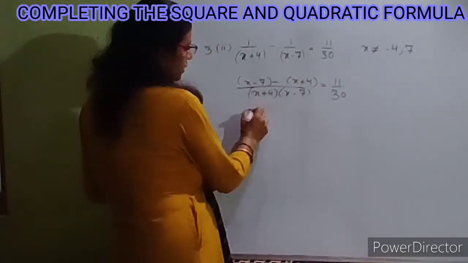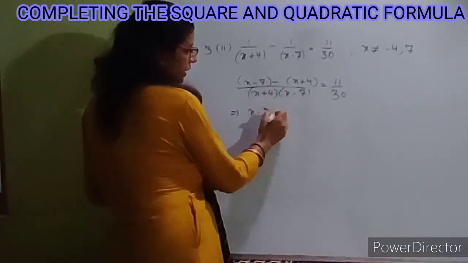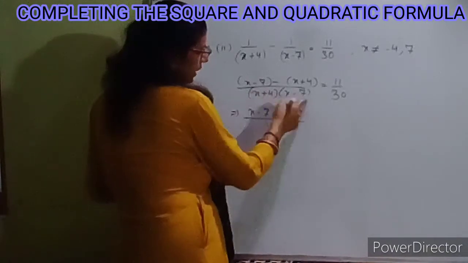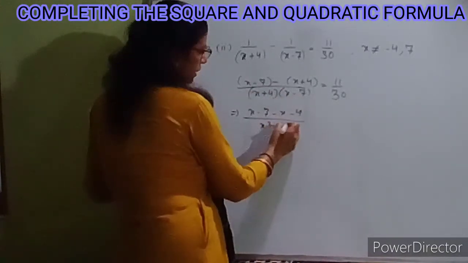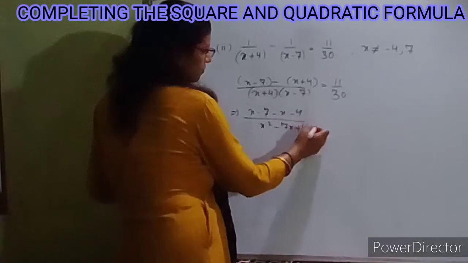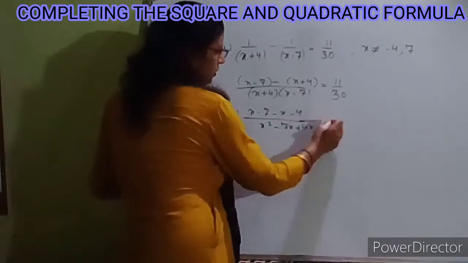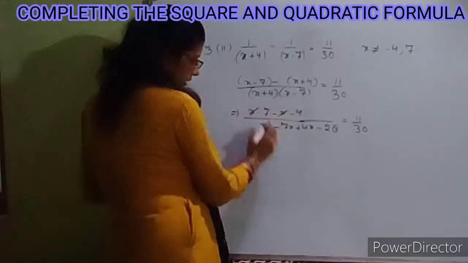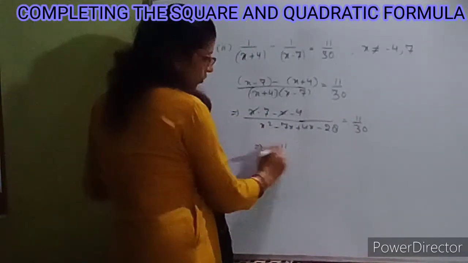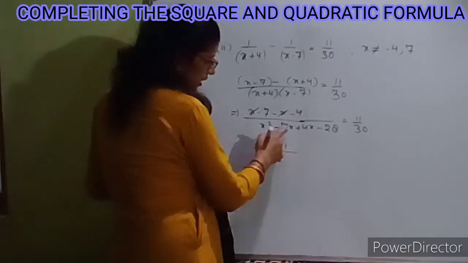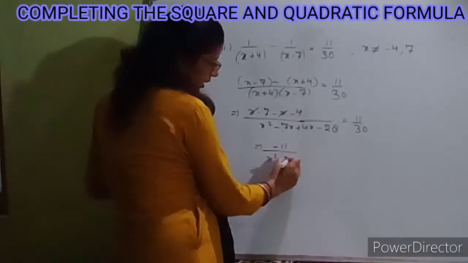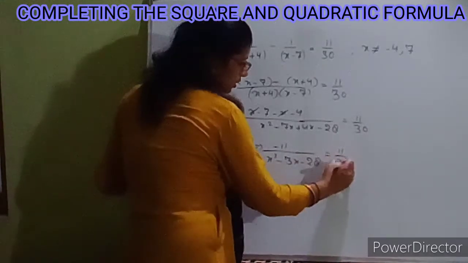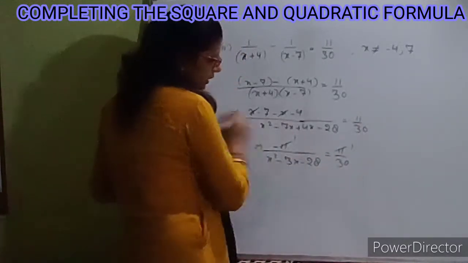So when you solve it, (x minus 7 minus x minus 4) divided by, I am just multiplying this also, x square minus 7x plus 4x minus 28 is equal to 11 upon 30. So if I solve this, I will get minus 11 whole divided by x square minus 3x minus 28 equals to 11 upon 30. 11 ones are 11, 11 ones are 11.